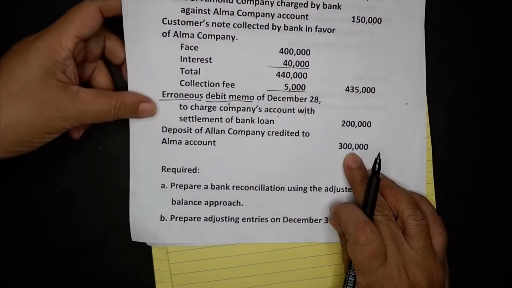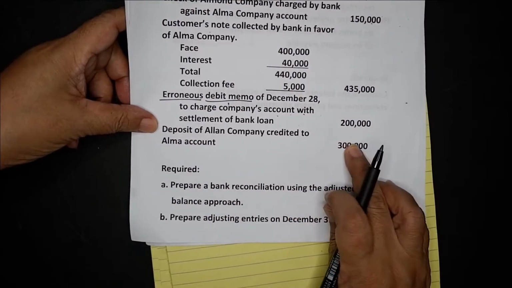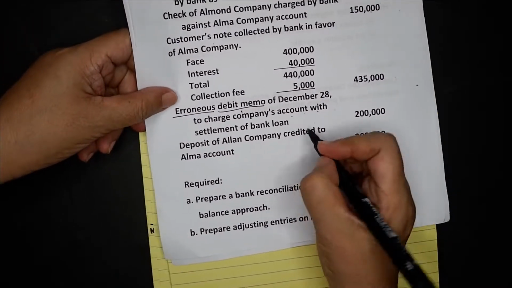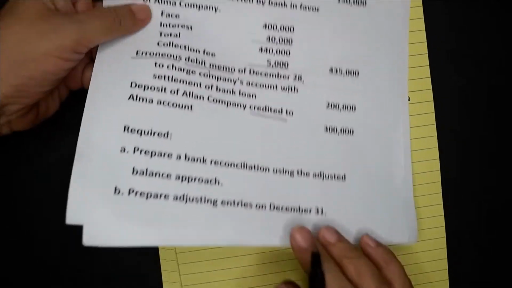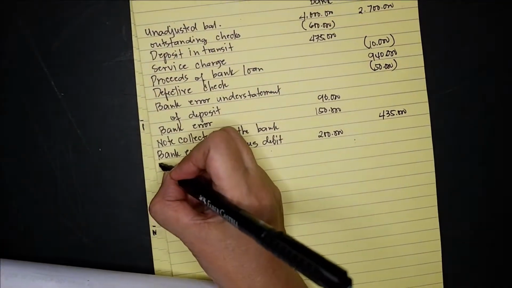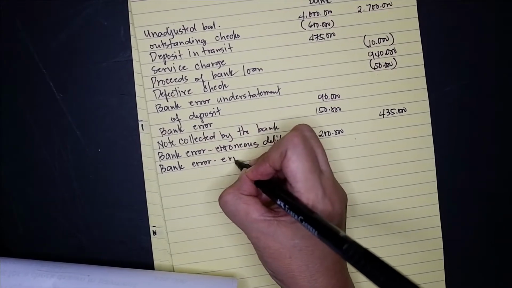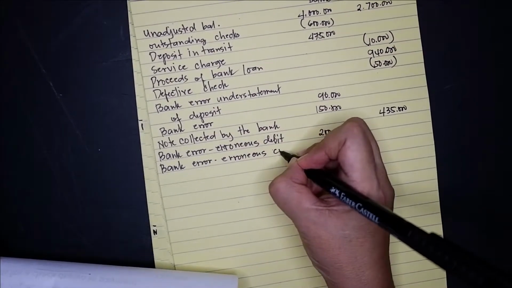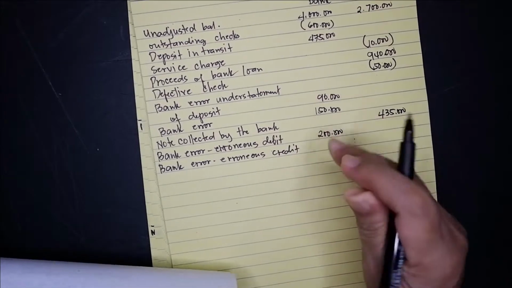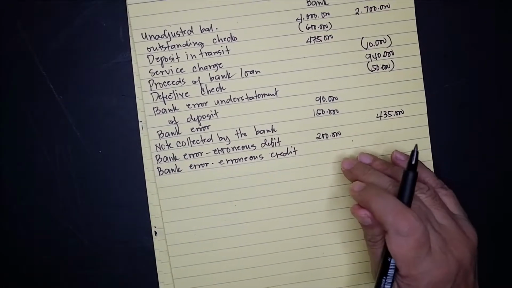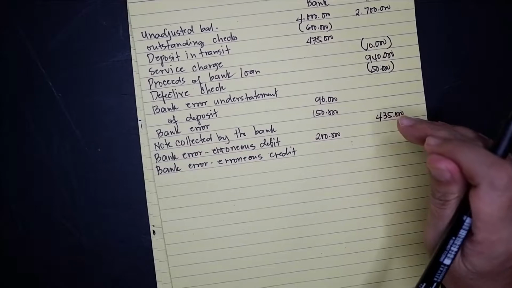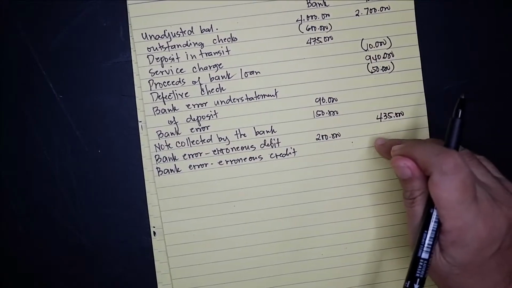And we have the last one, 300,000 deposit of Alan Company credited to Alma's account. Credited, so again, an erroneous credit. Bank error. If the bank credited our account, what did they do in our cash in bank?